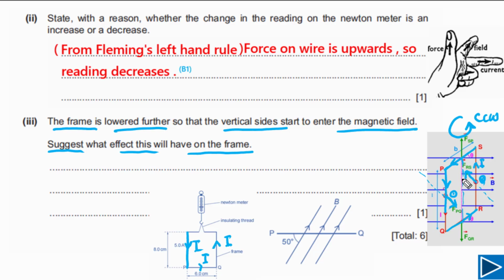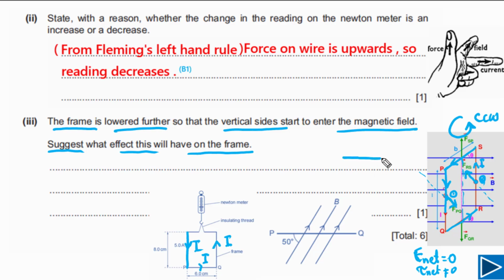If you look at the resultant force acting on this loop, meaning these four forces, the resultant force will be equal to 0. But the net torque is not equal to 0, because this force out of the page and this force into the page will cause a rotational effect.